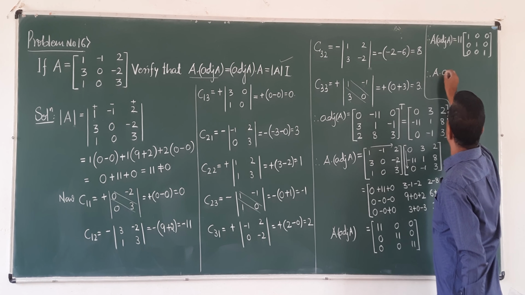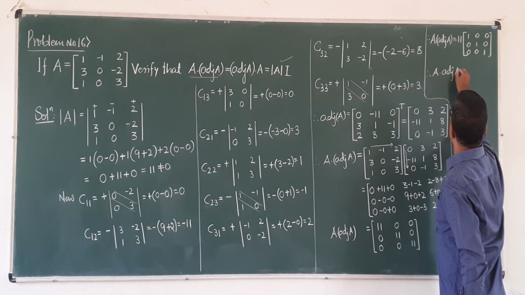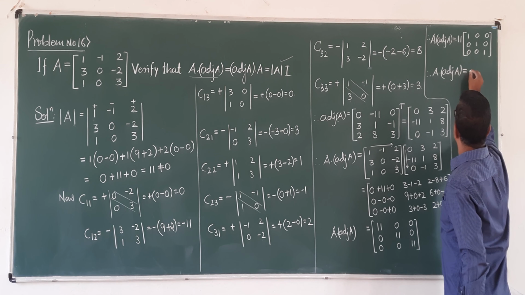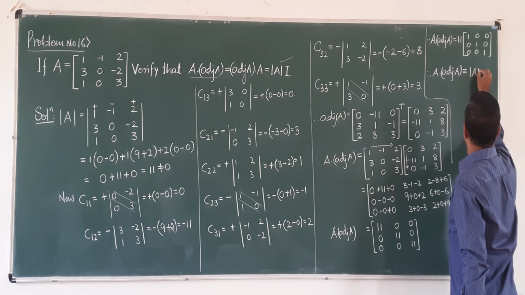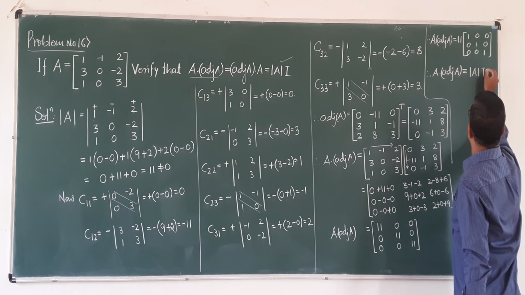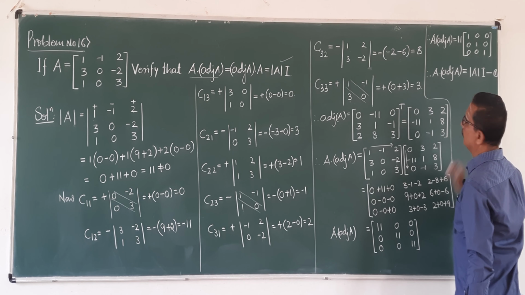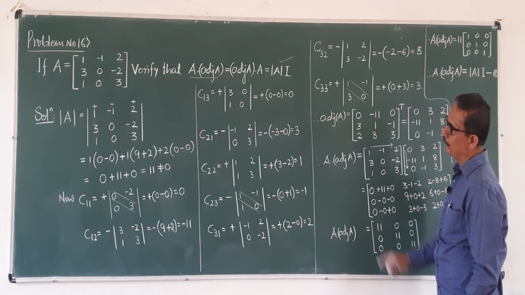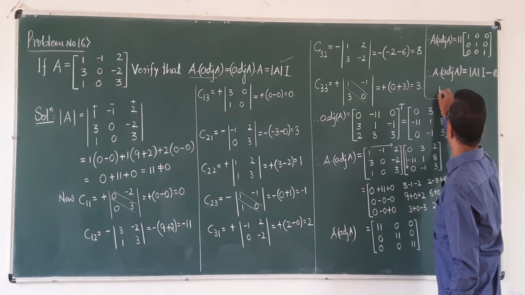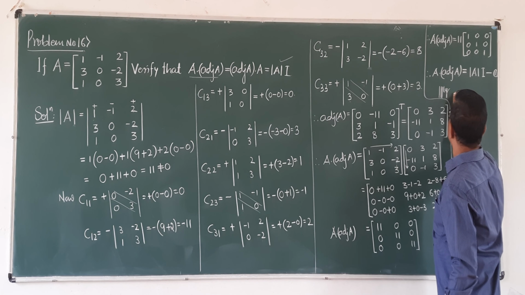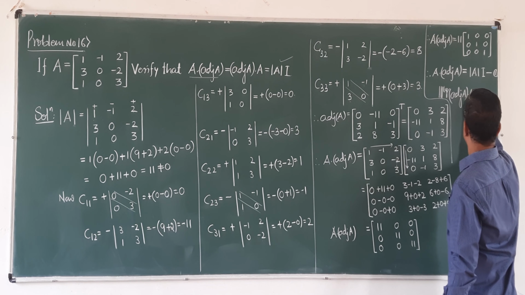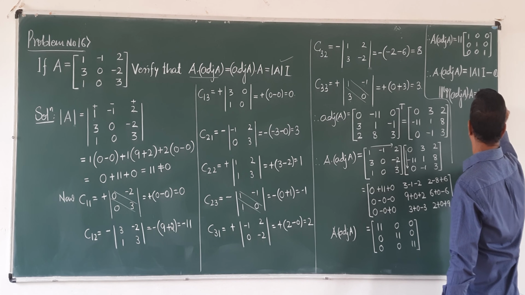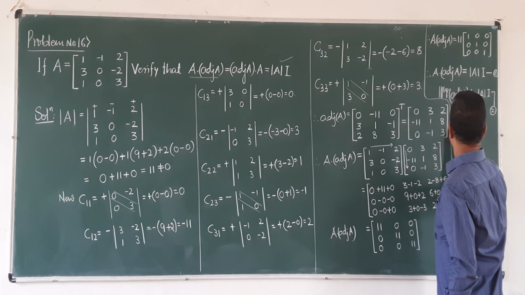Therefore, A into adjoint of A is equal to 11, and 11 is the value of determinant of A. This is nothing but the identity matrix I. Call it equation 1. First part is over. Second part you can write directly. Similarly, adjoint of A into A is also determinant of A into I, equation 2.